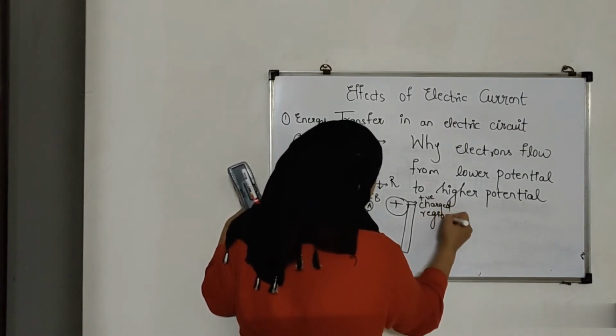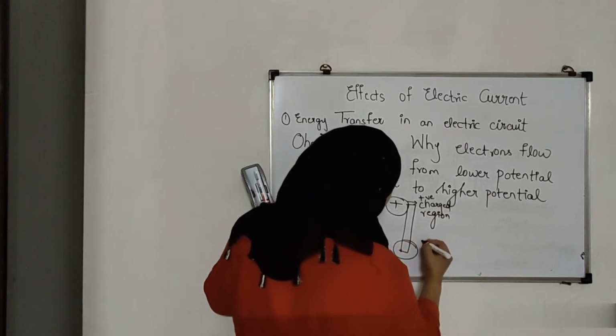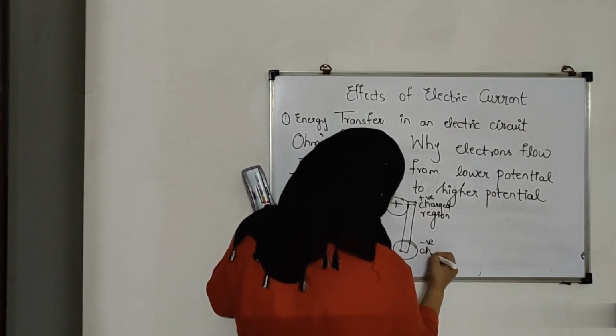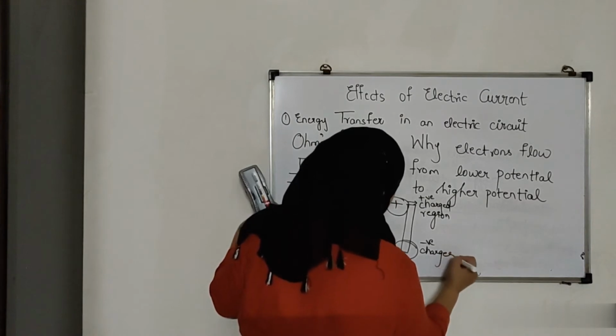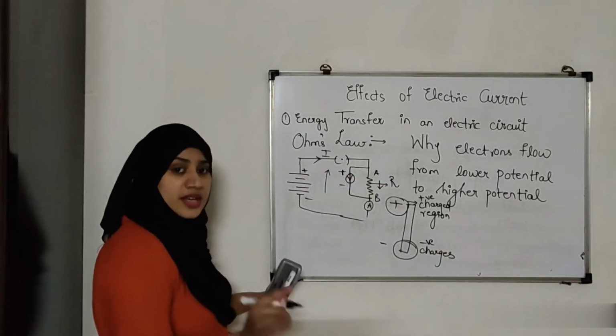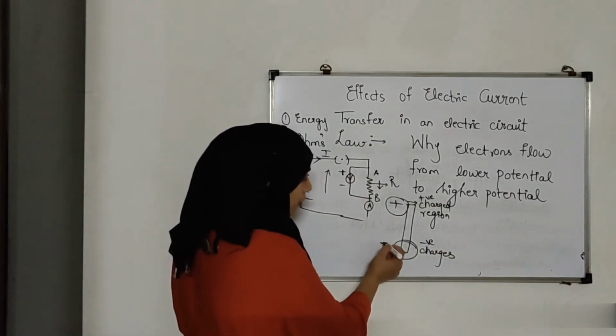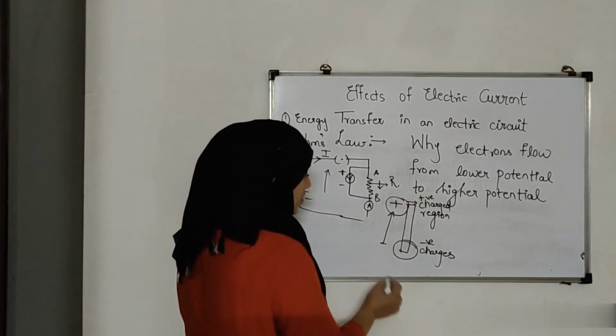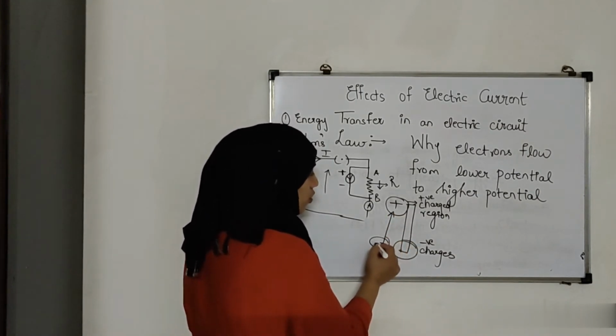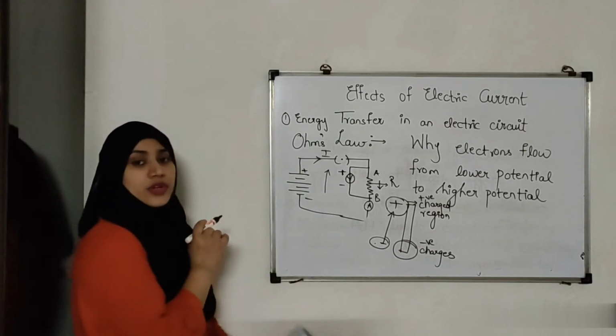And this region is carrying negative charges. Electron is a negative charge, right? That's why it would flow from this point to this point. That means it's going to flow from the lower potential to the higher potential.